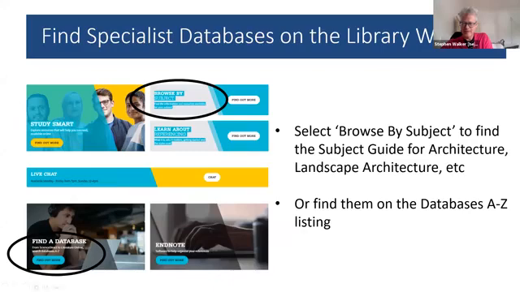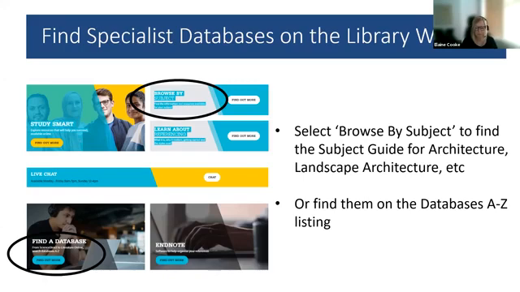Okay, so if you've done a good thorough search of library search, then the next thing to do is probably to move on to the more specialist databases, which you will find on the library website. For a lot of these specialist databases, library search, the big search engine, does not search across them, or doesn't search across them very comprehensively. So you will need to go to some of the specialist databases.